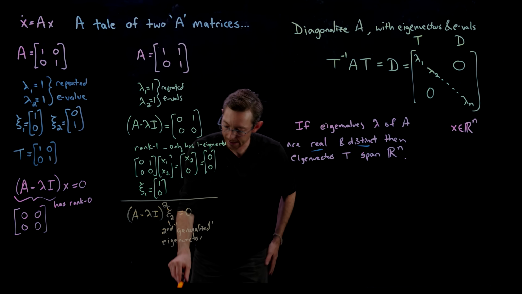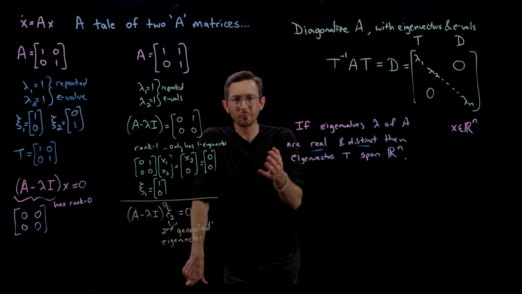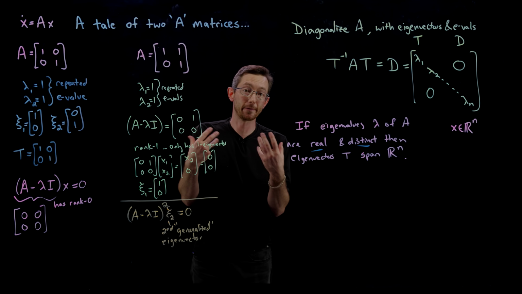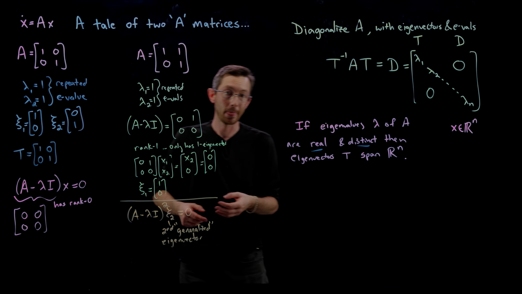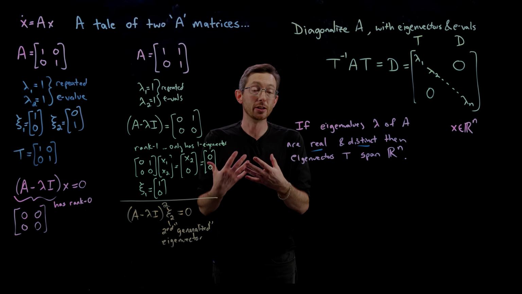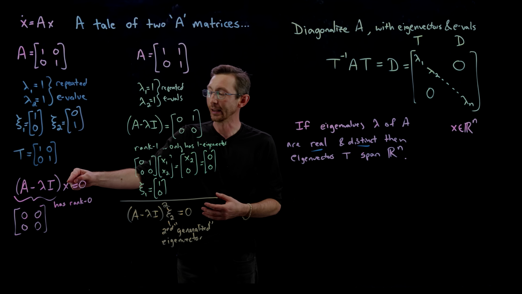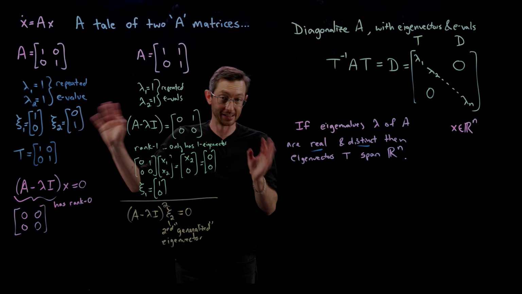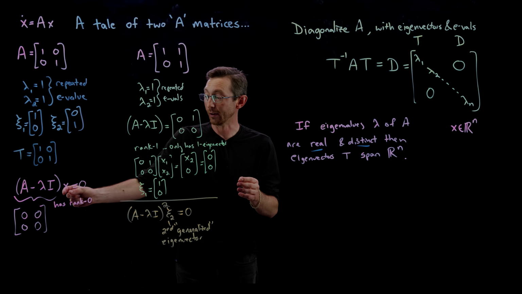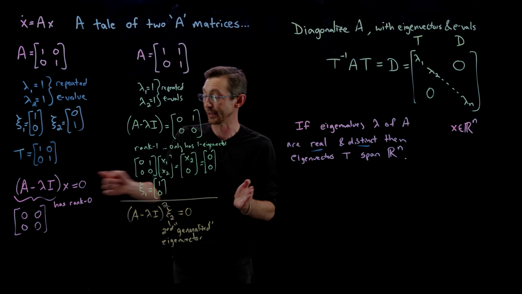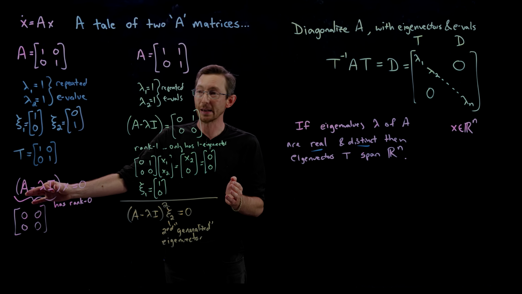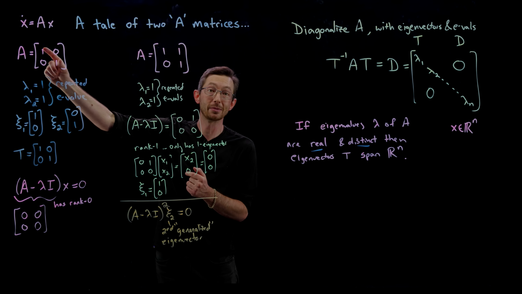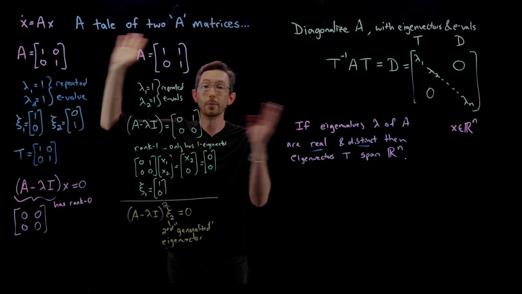And so that is an important thing you do when you have repeated eigenvalues. The first thing you do is look at A minus lambda I, and if the null space of this matrix, meaning the number of orthogonal x's that map to 0, has the same dimension as the number of times this eigenvalue is repeated, then we don't have to do anything.